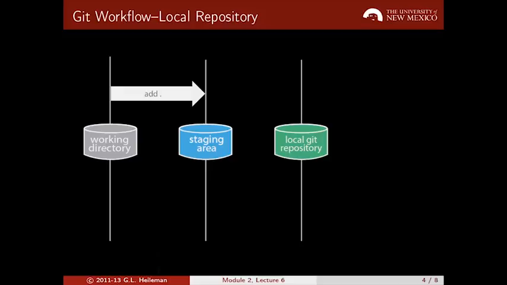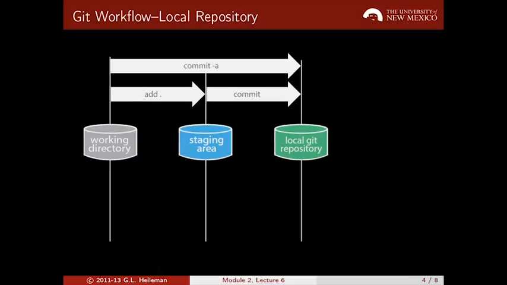So if you type git add and then dot, it takes everything in your working directory, assuming that you've got Git installed, and it moves those files into the staging area. Actually it just notes them as being staged. They're not actually moved. And then if you perform a commit, that puts those files into your local Git repository. You can do this all in one step by saying commit -a, and then you don't have to do the add operation.